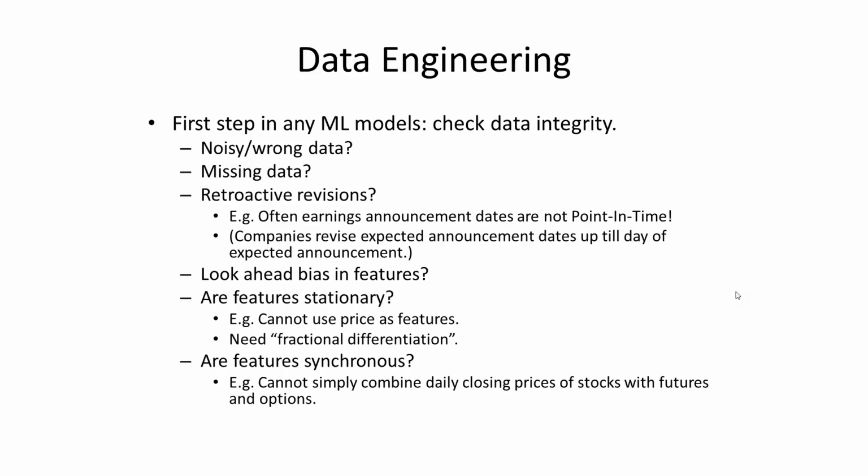Simple example: you cannot combine the closing price of stocks with the closing price of futures and options if you are trying to predict the close-to-close return, because the closing time of options is typically later than that of stocks, and the closing price of futures, some of them are earlier than the closing price of stocks, some of them are later.